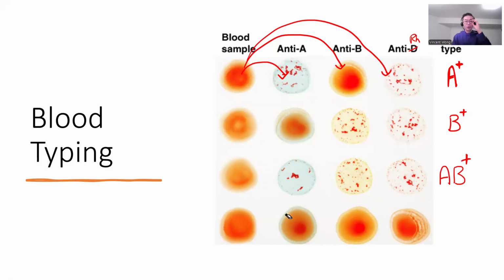Last one. No reaction with A or B, then it must be O. And also no reaction with Rh, must be negative. So that's the blood typing.